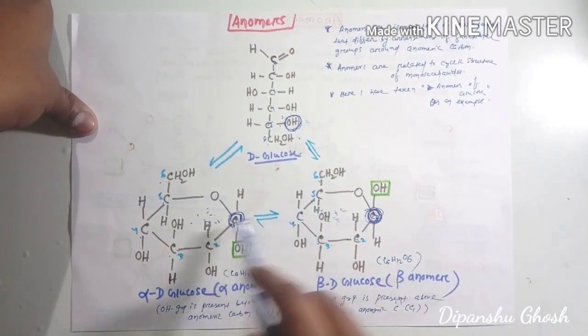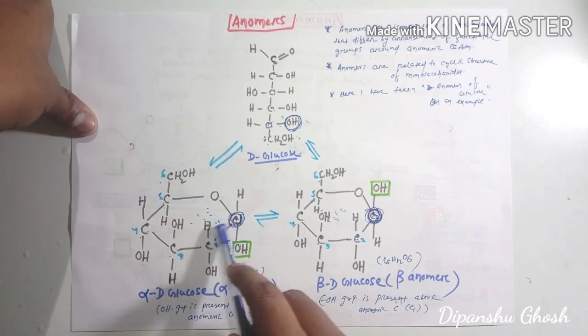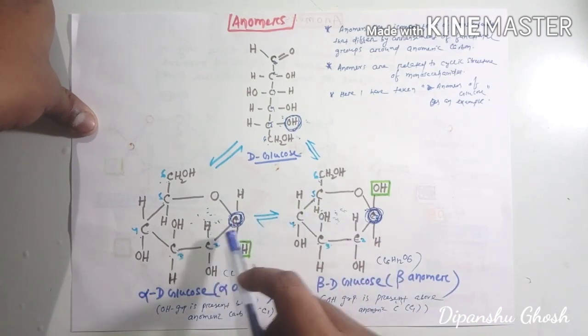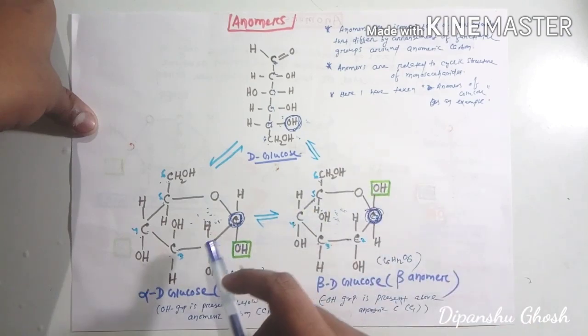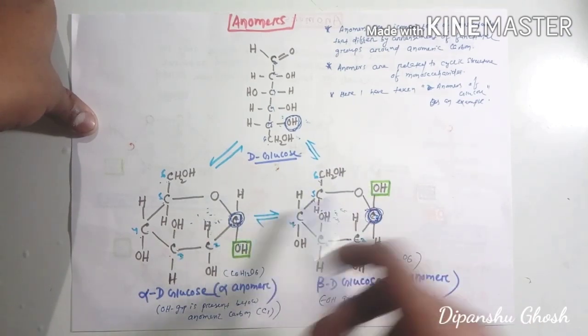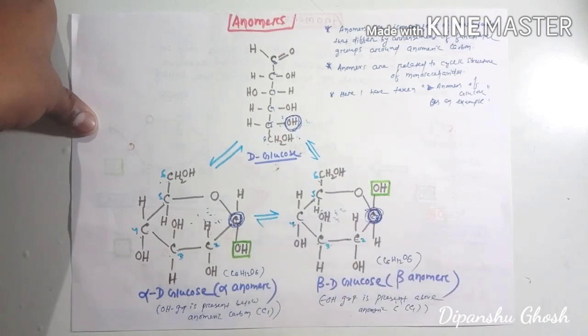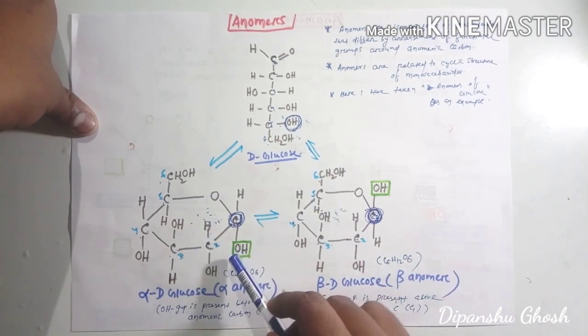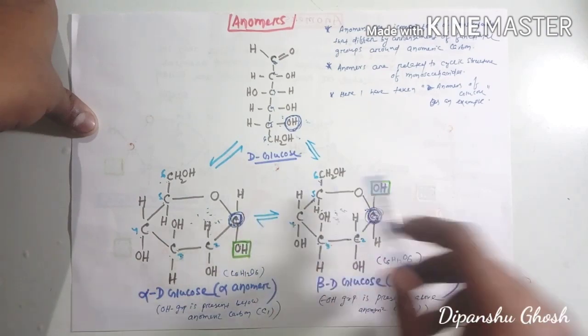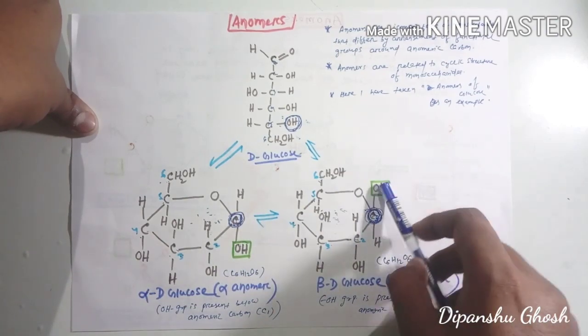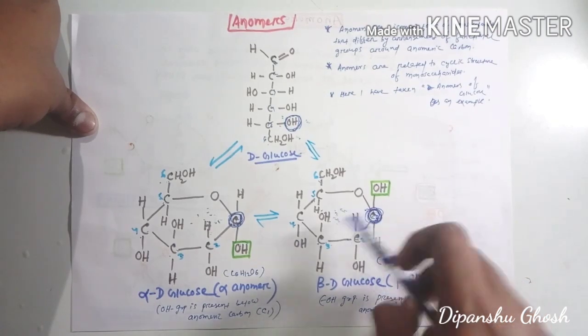According to the definition, these two molecules differ from each other by the arrangement of a functional group, in this case the OH group, around the anomeric carbon, right? In the first structure, the OH group is present below the anomeric carbon, but in the second ring structure, the OH group is present above the anomeric carbon, right?